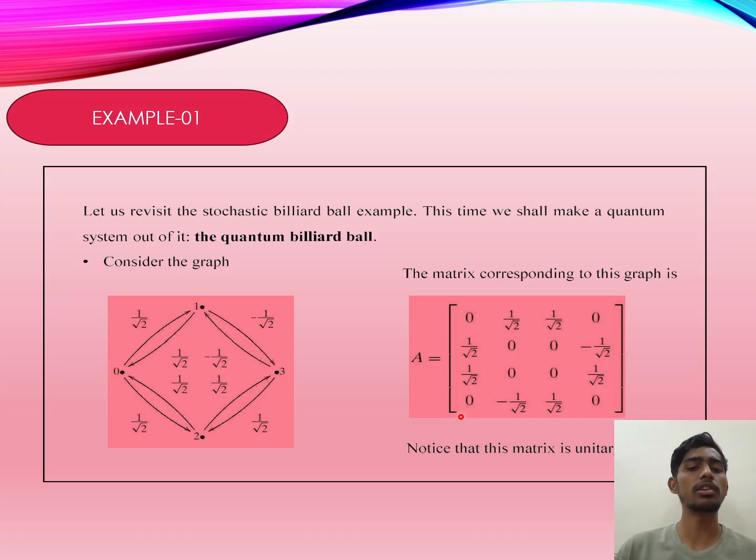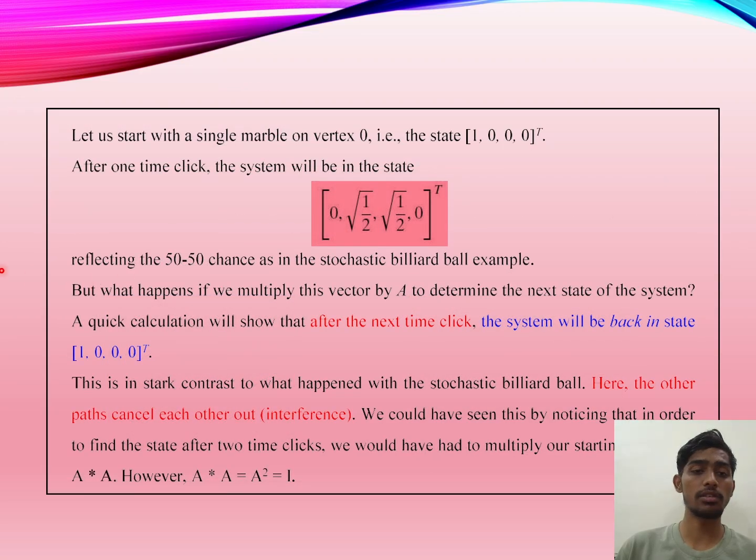Similarly, the same conditions apply in the classical billiard ball. But the main factor is that we are using a unitary matrix in quantum computing or quantum billiards. So let us start with a single marble on vertex 0, the state 1 0 0 0.